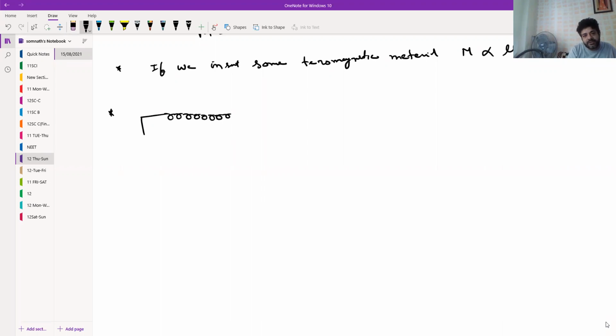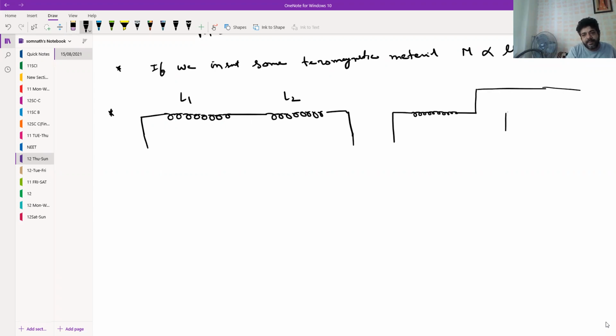So suppose I have two coils and I have to find out the net inductance, that is, L1 and L2 is given here. And I have one more coil, L1 and L2, and this is figure 1, and this is figure 2.